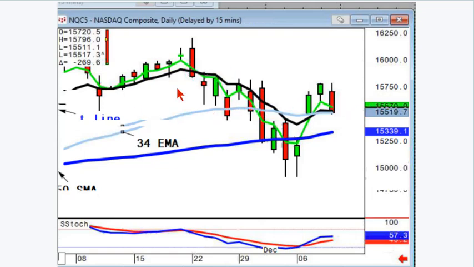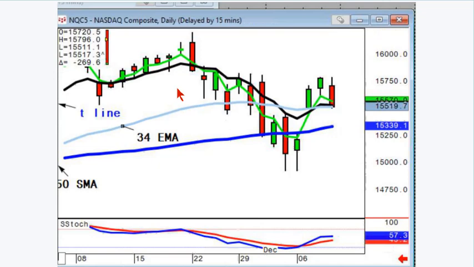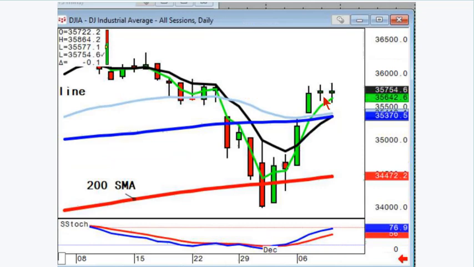And if the markets open lower tomorrow with the NASDAQ trading lower and the Dow trading lower, where do you think the Dow is going to come back to? It's going to come back and test to see if the 50 and the T line is now going to act as a support.